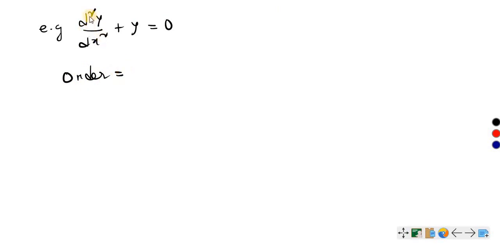You can see here, the order of this derivative is 2. So the order is 2. And what is the degree? Degree means the exponent of the highest derivative. So the highest derivative is this, and its exponent is 1. So the degree is equal to 1.